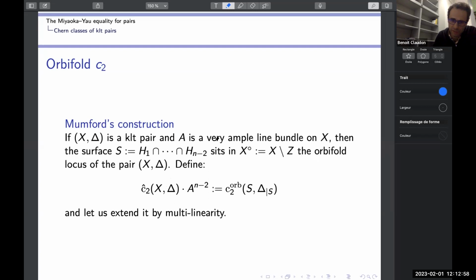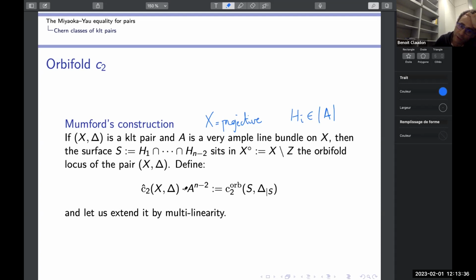Here, of course, since I consider a very ample line bundle on X, from now on I assume that X is projective. And then we can look at a complete intersection surface S, where the H_i are in the linear system defined by A. And as we said, this surface sits in this orbifold locus.